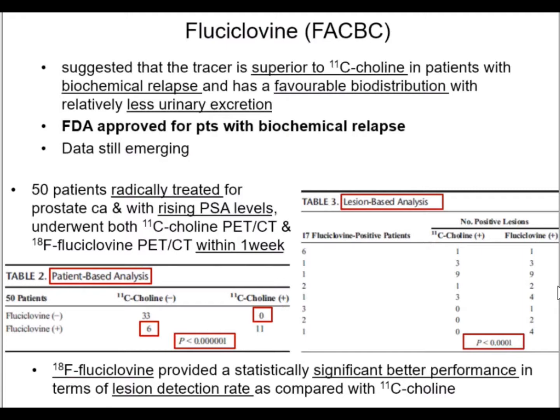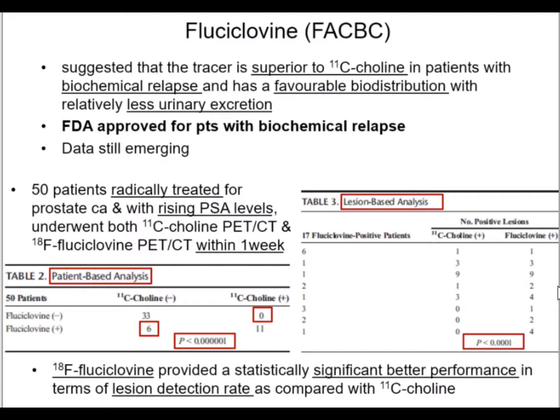Now, interestingly, fluciclovin has been FDA approved for patients with biochemical relapse, but it's based on very limited data, which is still emerging. One of the initial datasets was 50 patients who were radically treated for prostate cancer with primary intent and rising PSA levels. They both went for choline and fluciclovin PET within 1 week.